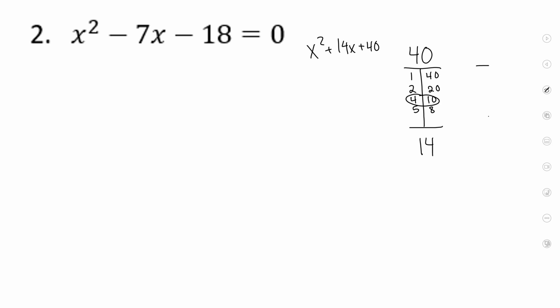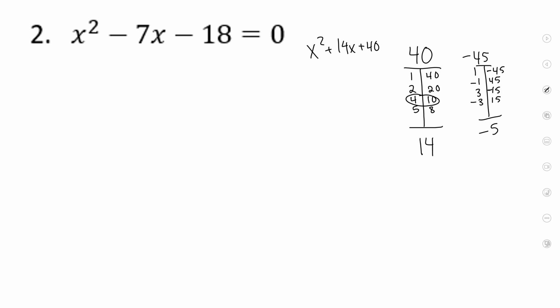Okay, let's try something else. Let's say it's -45, and I want them to add to -4. Well, just list your factors. I know 1 times -45 will give you -45. I can also do 3 times -15, or -3 times 15.